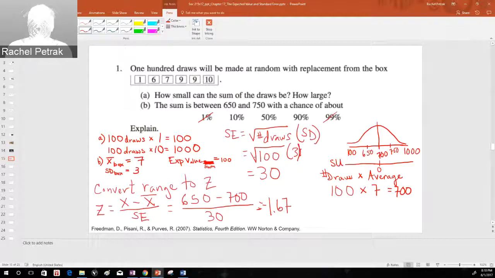Well, because 650 is 50 units away from the expected value, and 750 is 50 units away from the expected value. So they both are the same distance from the expected value. And since this is a symmetrical distribution, we know it's just going to be the same score, but not negative. Does that make sense?